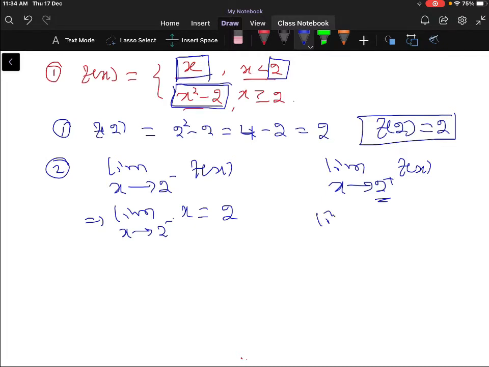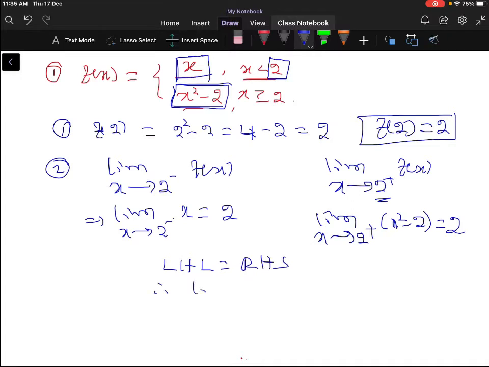So limit as x tends to 2 plus of x square minus 2 is 2 square, 4, minus 2, that is 2. Therefore LHL is equal to RHL, therefore the limit exists.